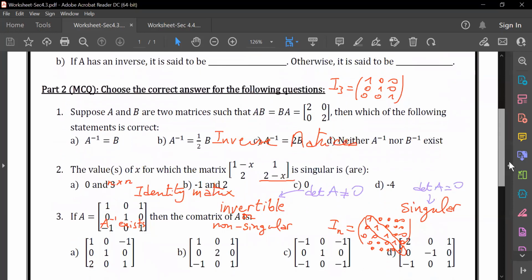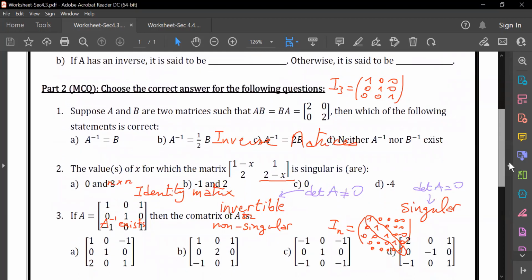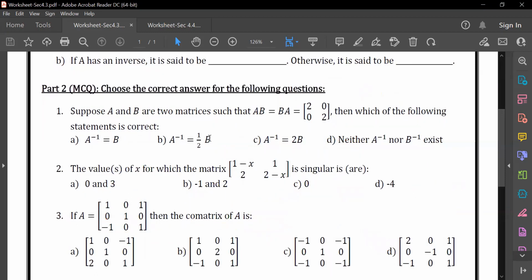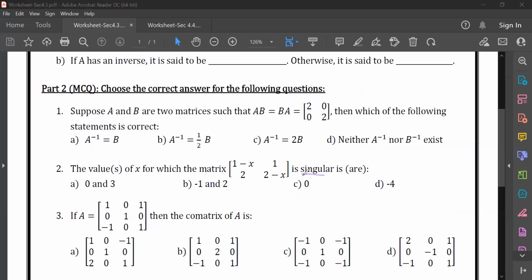So let's try to answer question 2 first, and then I'll be back to question 1. Since we are talking about invertible and singular, what is the value of x for which this matrix of order 2 is singular?